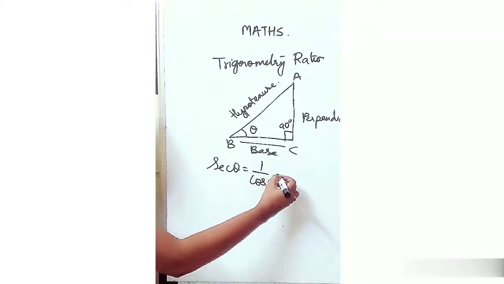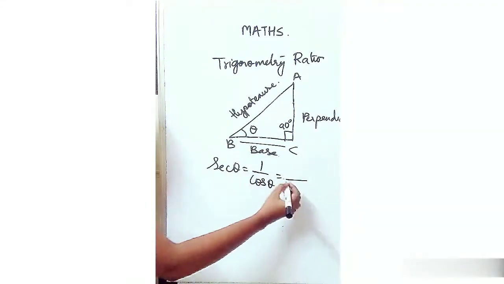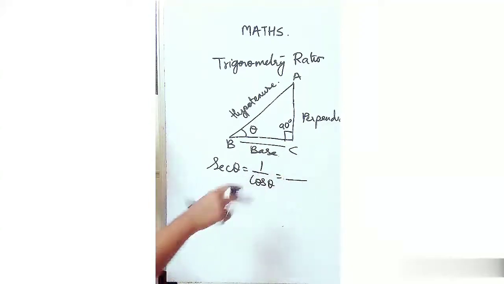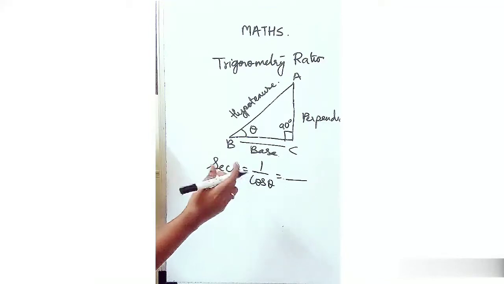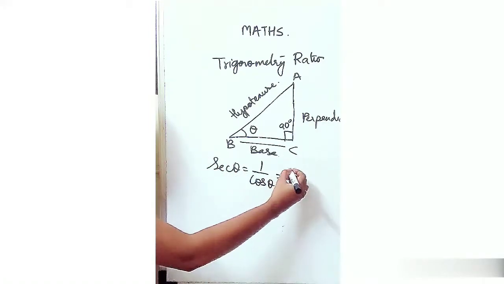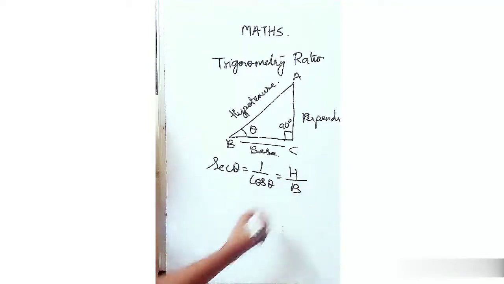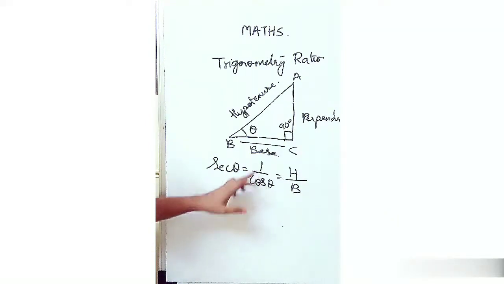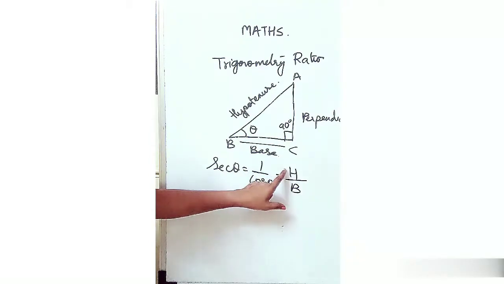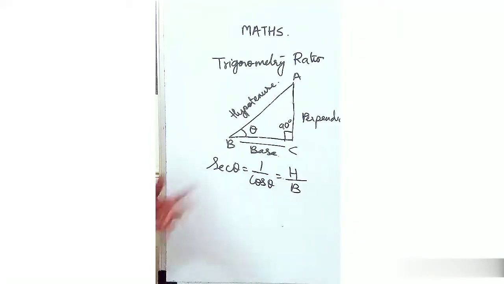So it will be interchanged basically: hypotenuse goes here and base goes there. Initially cos theta was base upon hypotenuse; this is 1 upon cos theta. So sec theta is 1 upon cos theta, which is equal to hypotenuse upon base. You have to put the ratios according to the question, students.